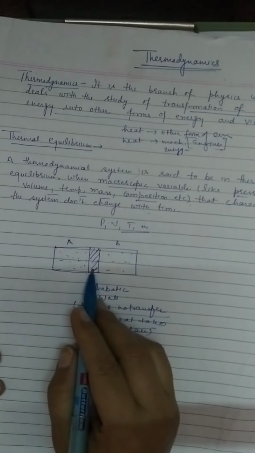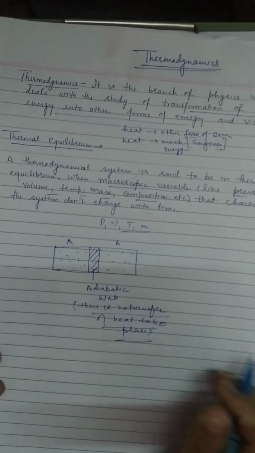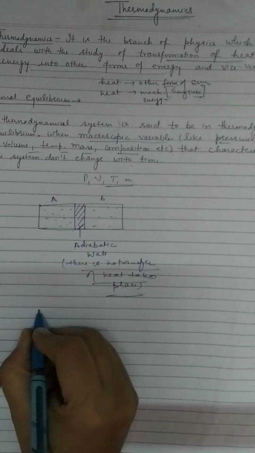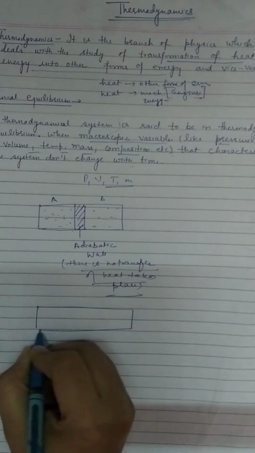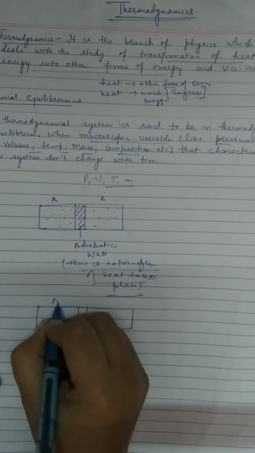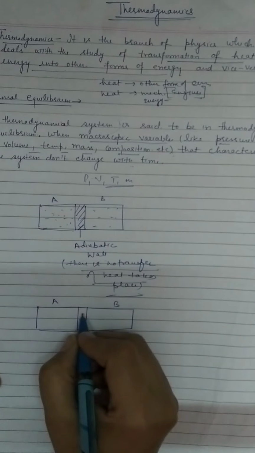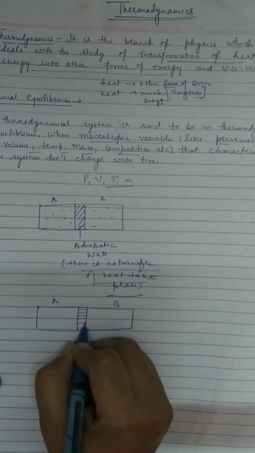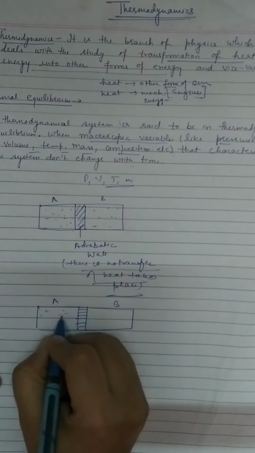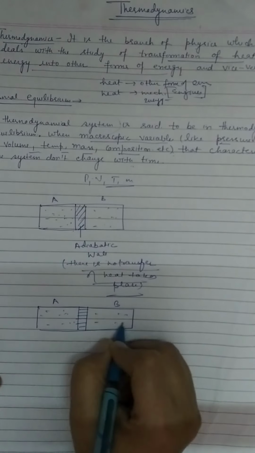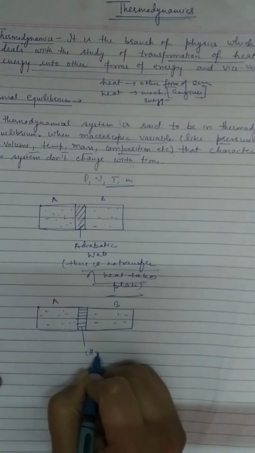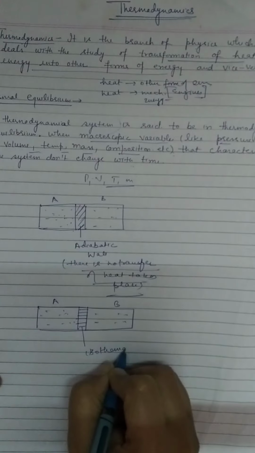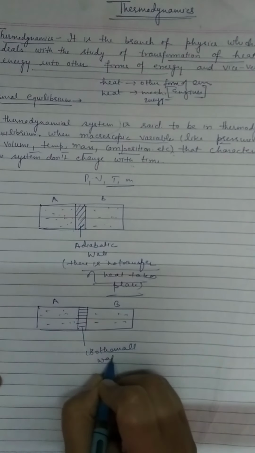तो हम two walls पढ़ेंगे. One is adiabatic and second is isothermal. If in the same container you are taking the two gases A and B, but this wall is isothermal. What do you mean by isothermal wall?